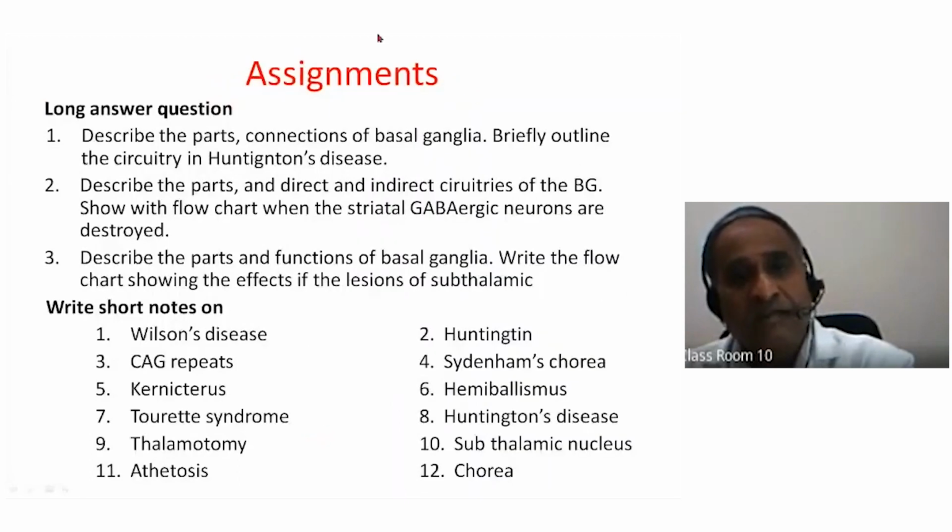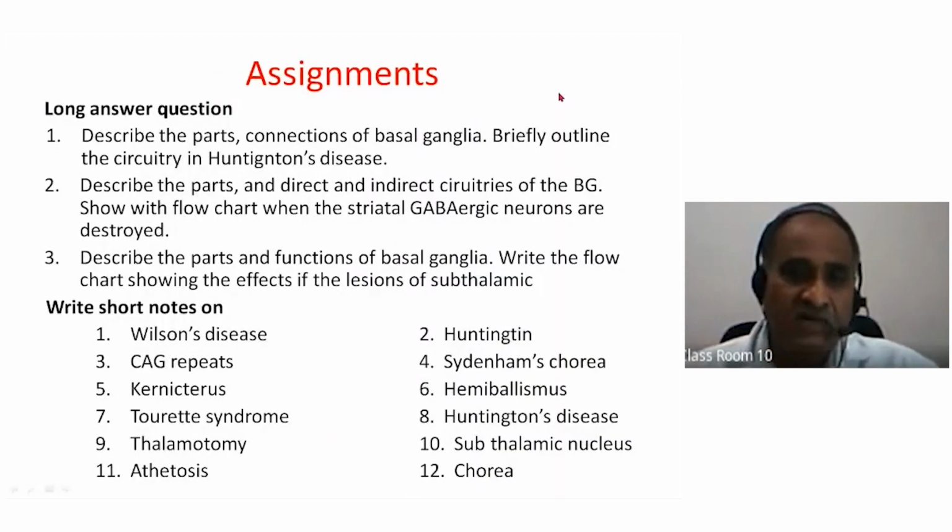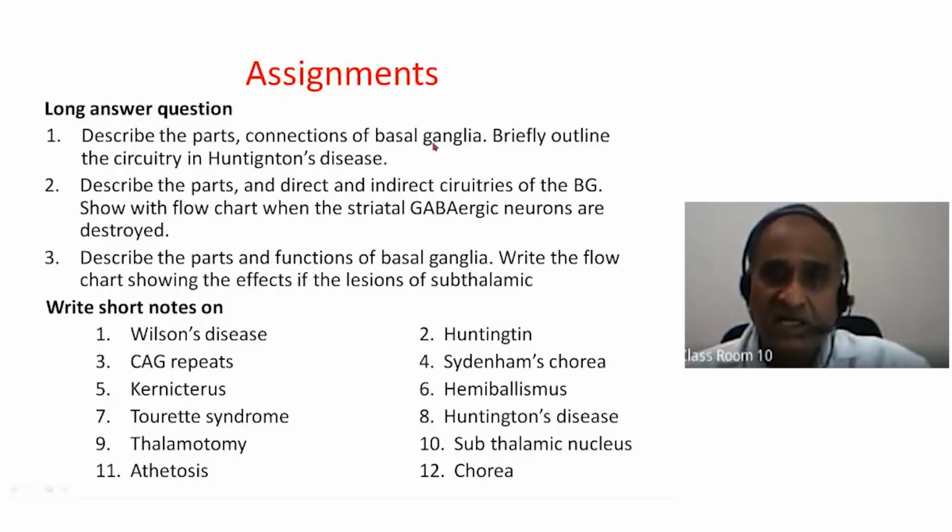Now, coming back here, I have created the assignments. Describe the parts and connections of the basal ganglia. Briefly outline the circuitry in Huntington disease. Or describe the parts and the direct and indirect circuitries of the basal ganglia.